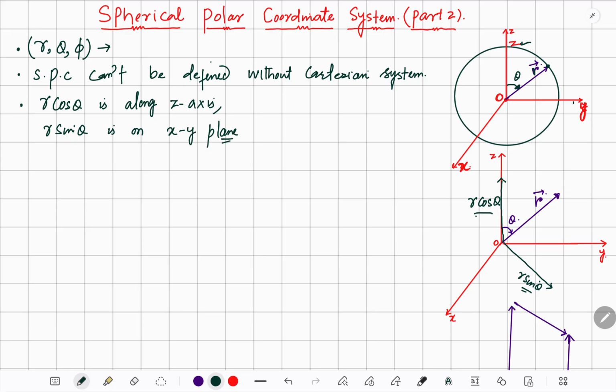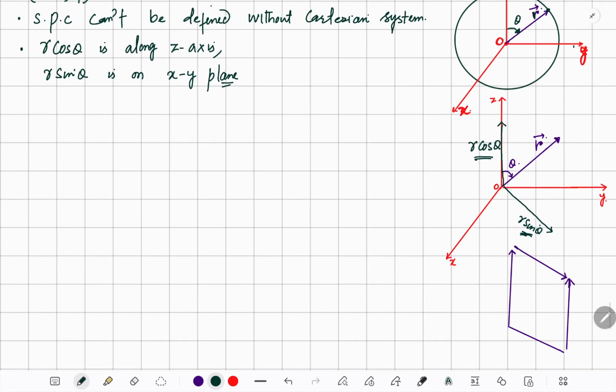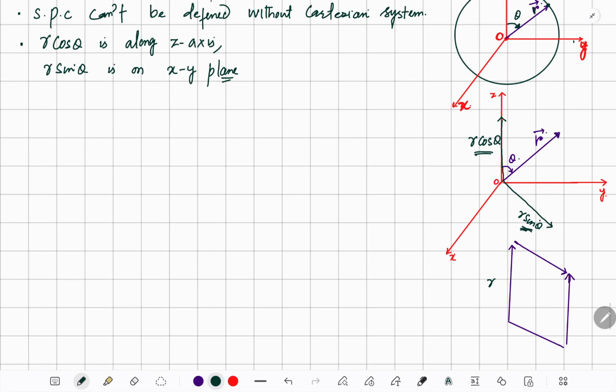Now this r cos theta and r sine theta form a plane in themselves. I can make r cos theta parallel, so this one is r cos theta and this one is r sine theta, and they form a plane.